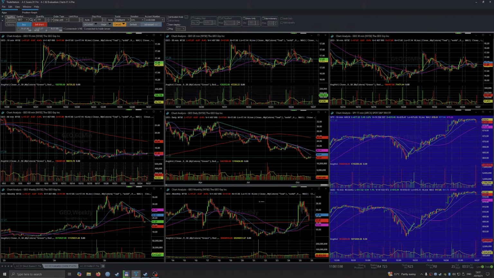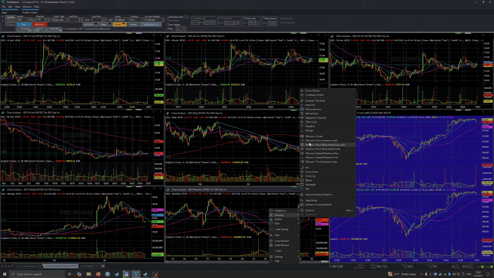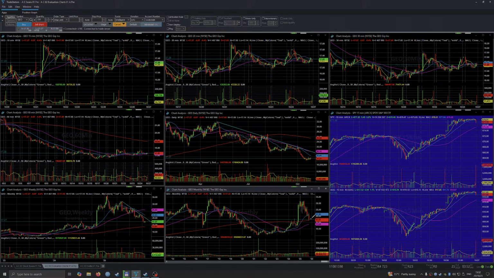Now, if you look here, this is the monthly. And you can see, let me put a trend line on here. Since mid-24, it never dropped below that trend line. So it's possible that this is as far as the stock drops.